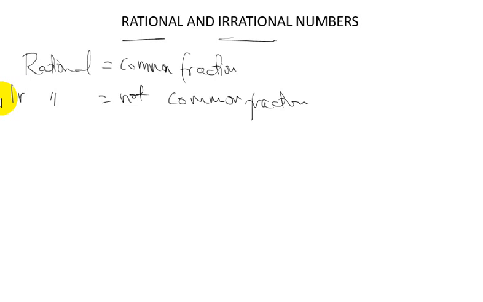With these two definitions, they are not that detailed, but we will pick it from the definition again. Now, if irrational numbers are not written as a common fraction, let's ask ourselves, then what are they written in? We are saying that rational numbers are written in a common fraction. Irrational numbers are not written in a common fraction. Now the question comes, what are they written in?